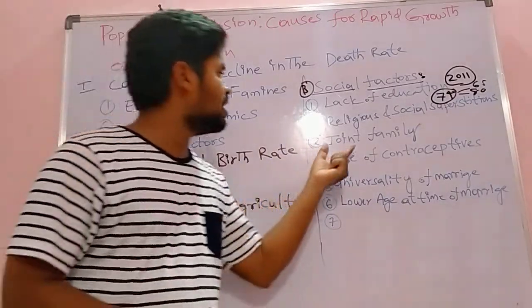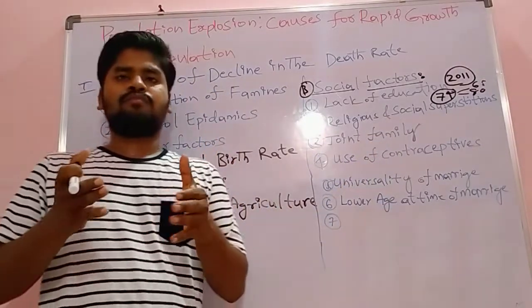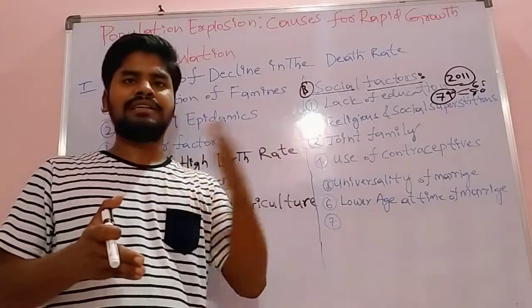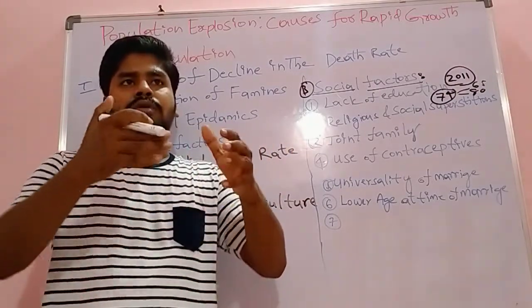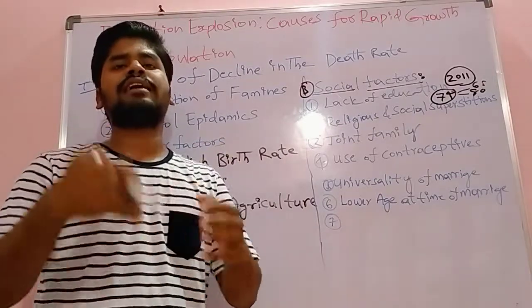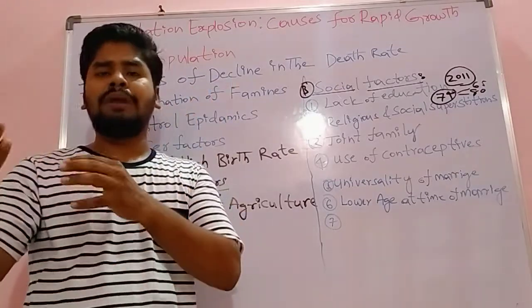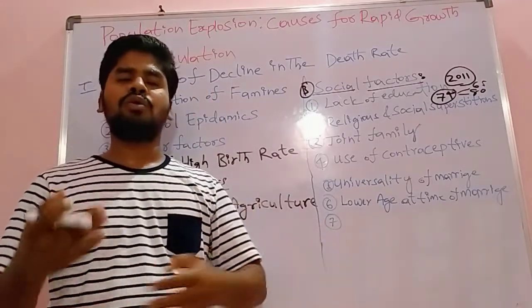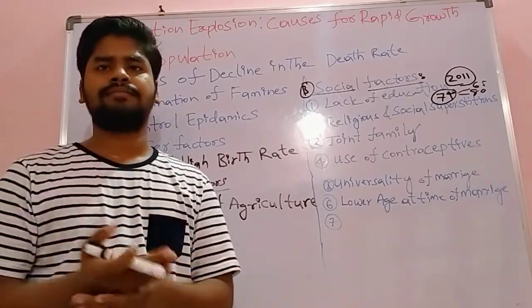And the joint family system in India, which existed before the 1950s and 1960s. In the joint family system, the couples were encouraged to give birth, and the elders would take care of the children. There was no burden on them.